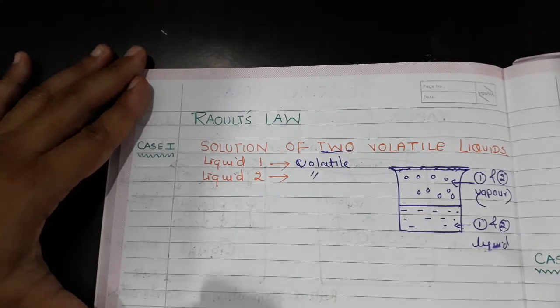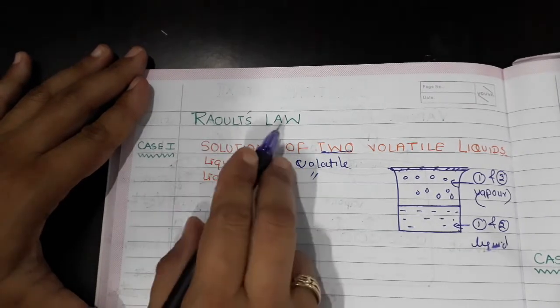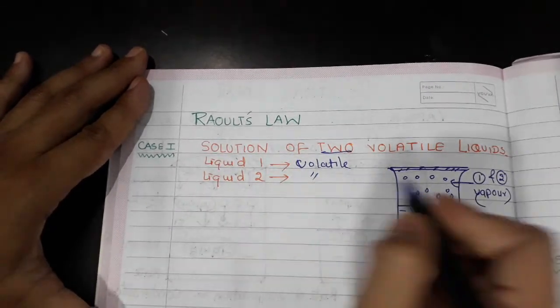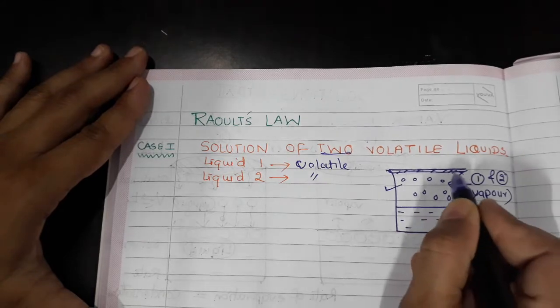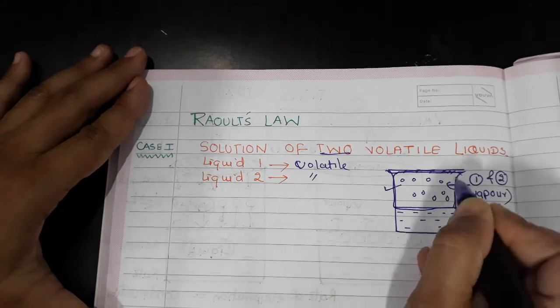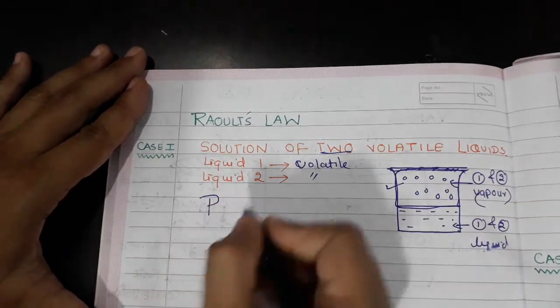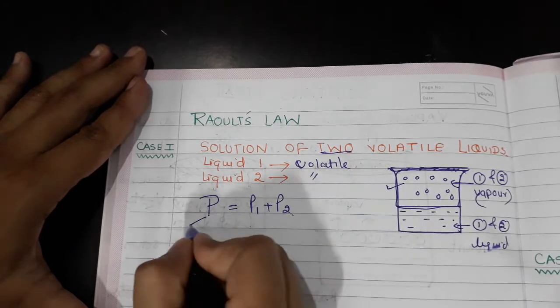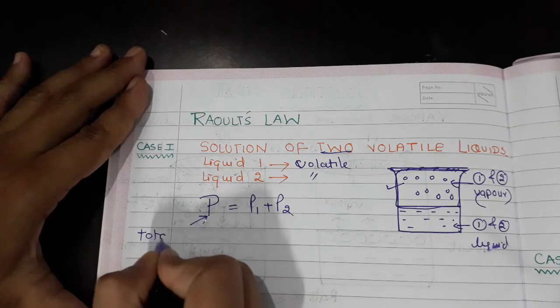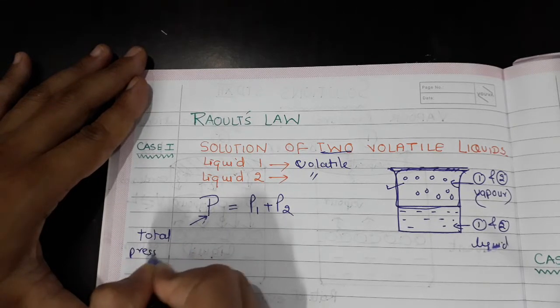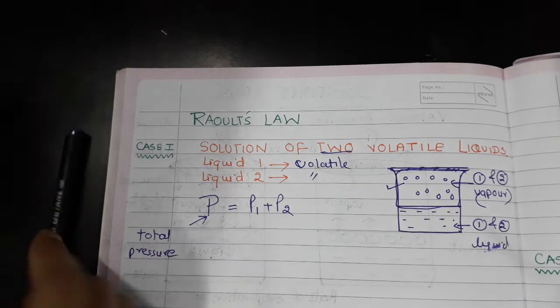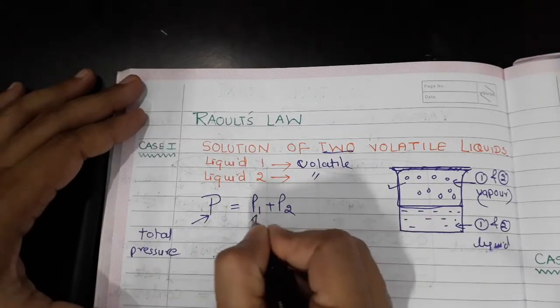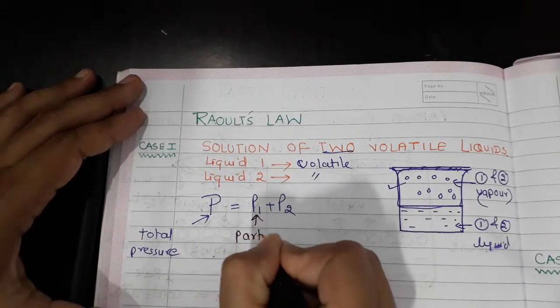Now we move on to Raoult's law. Raoult's law says that the total pressure which will be in this region above the liquid will be P is equal to P1 plus P2. Now this P is total pressure above the liquid. But P1 and P2, these are known as partial pressures.